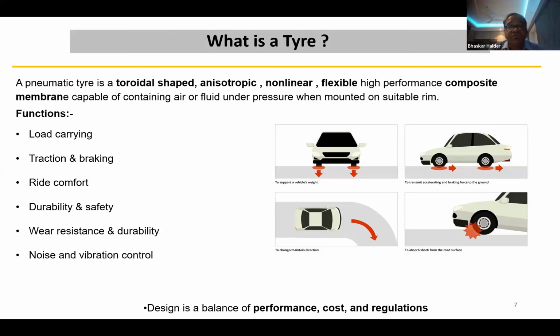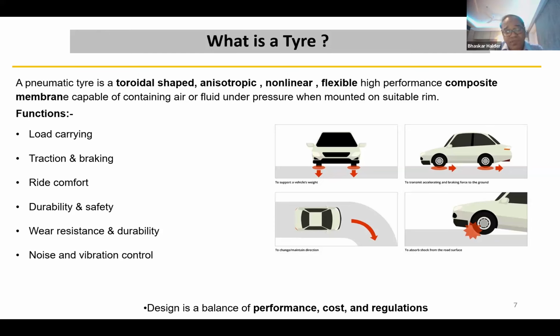So in a tire there is rubber, there is steel, and there are nylon or polyester fabrics used. So it is a composite, and the rubber has a different property. It is hyperelastic, the steel is purely elastic, and for the ply, that is nylon and polyester, the property is in between the two.